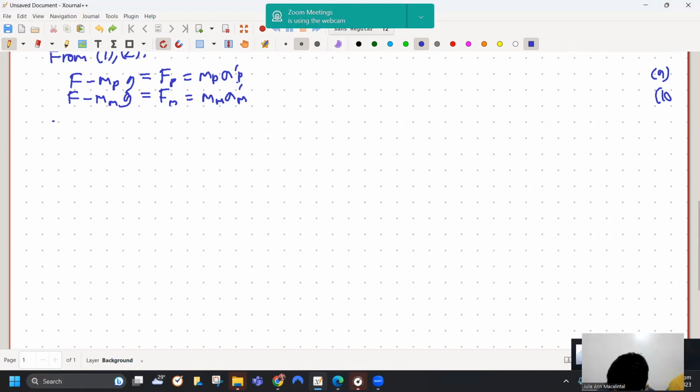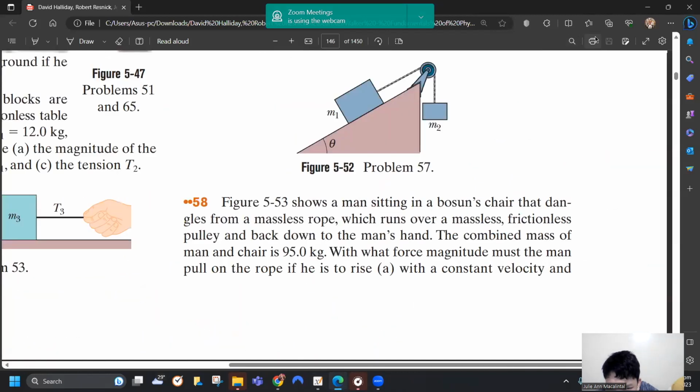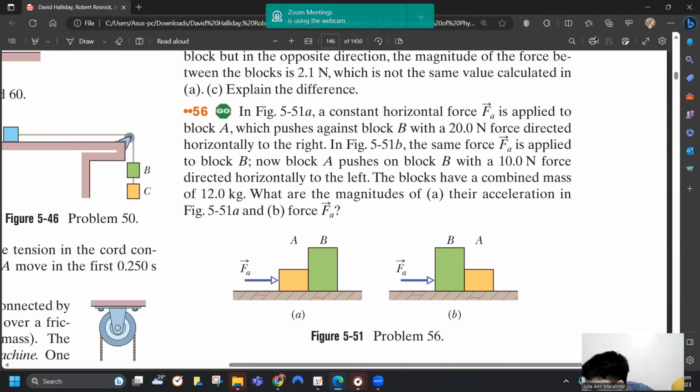Now, before you do the computation, this problem now becomes similar to a previous one. Have you solved a previous problem that looks like this? I think the previous problems look similar.